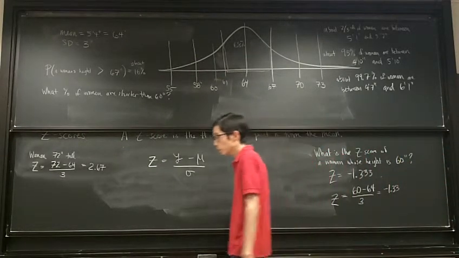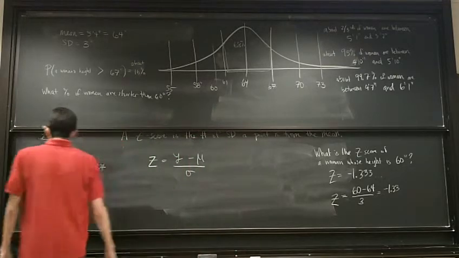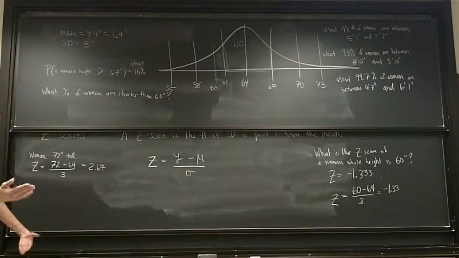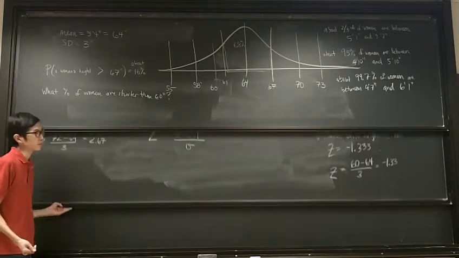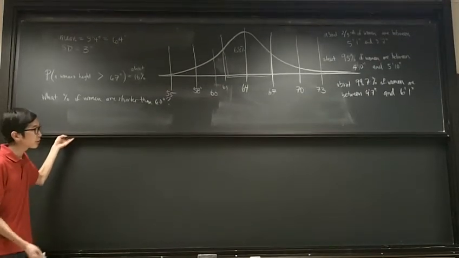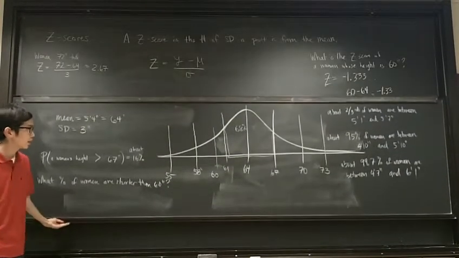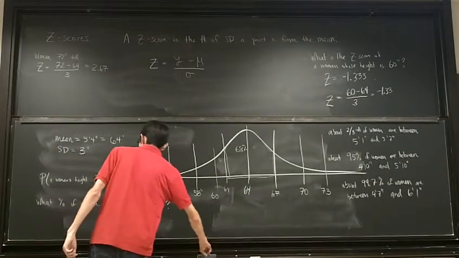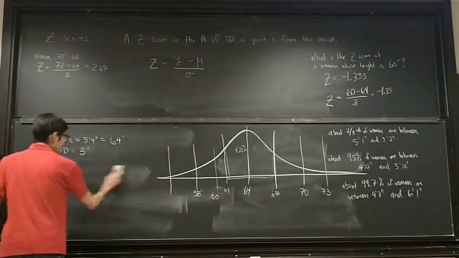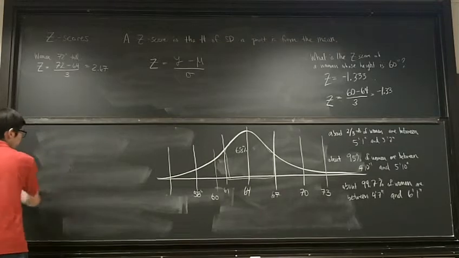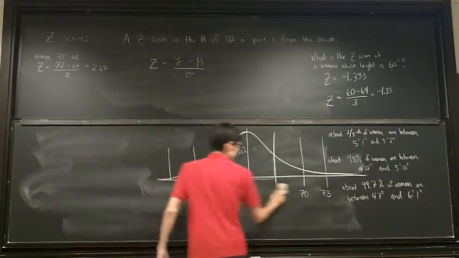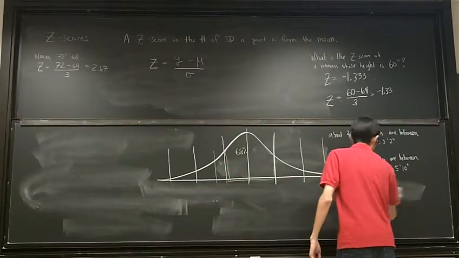Okay, so if we can turn things into z-scores, then we have a tool that will give us the areas in the table, or the area in our curve. So let me just clean this up here.